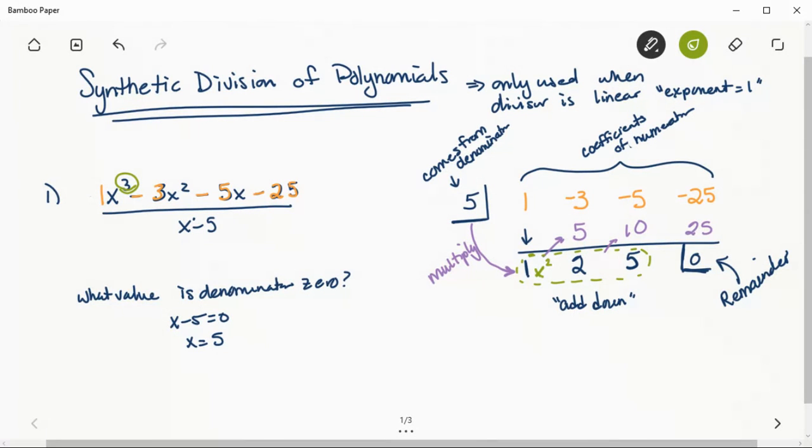When we write our next term, it is then going in descending order, then x to the first, and then having our constant because that's x to the 0. So our final answer would look something like this: 1x squared plus 2x plus 5 with a remainder of 0, so we are all complete.